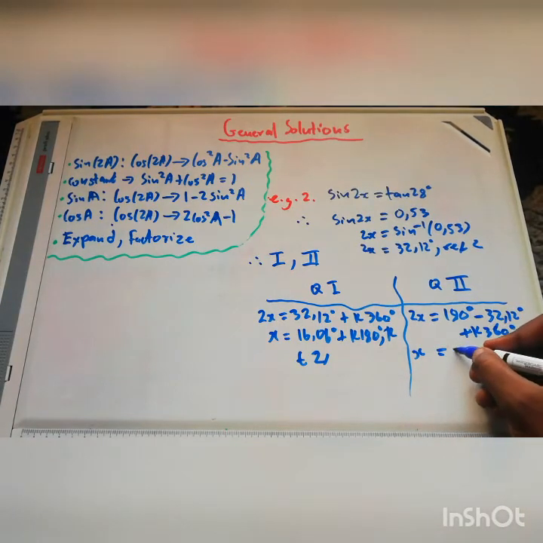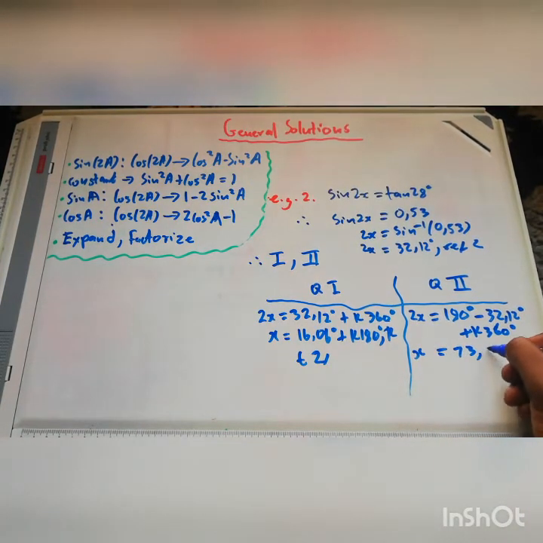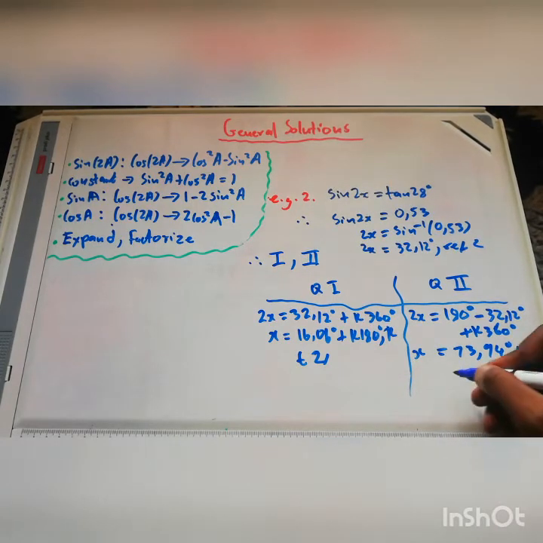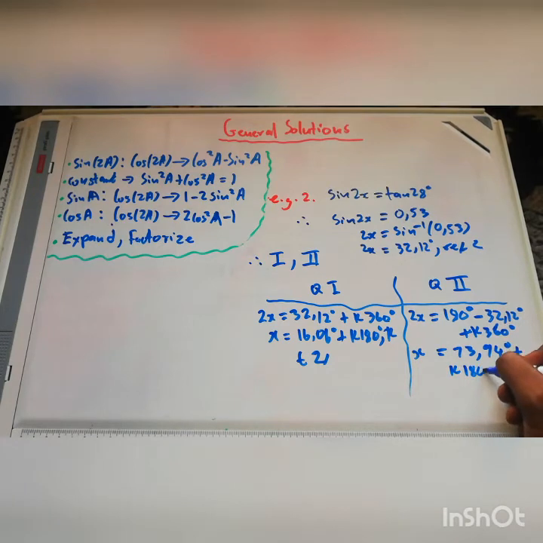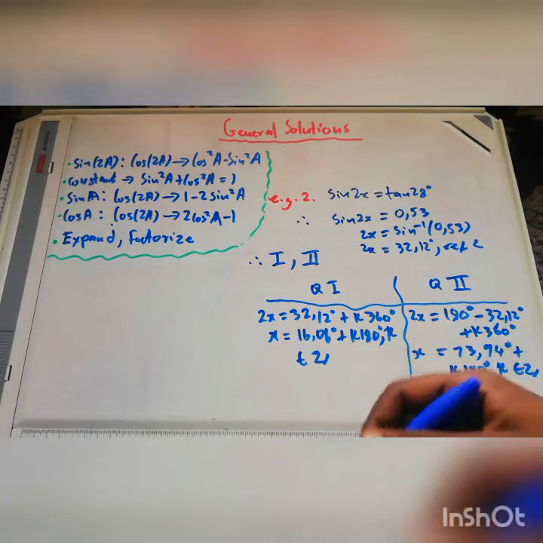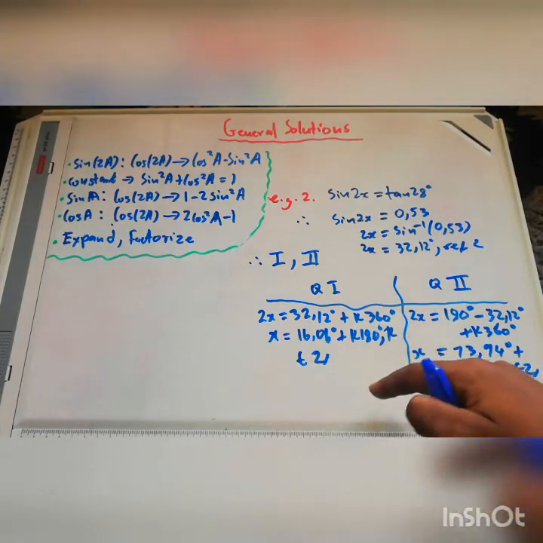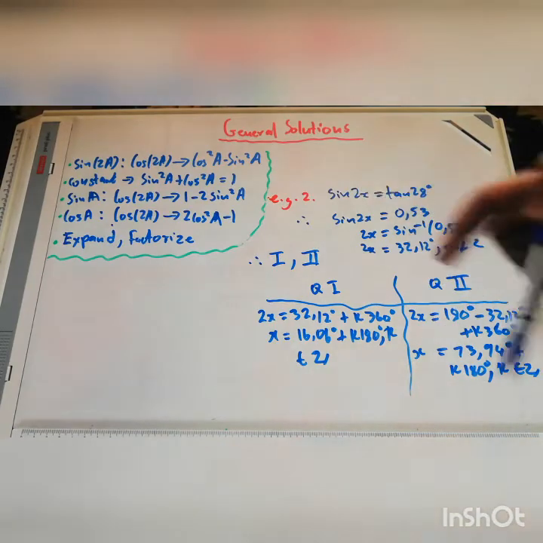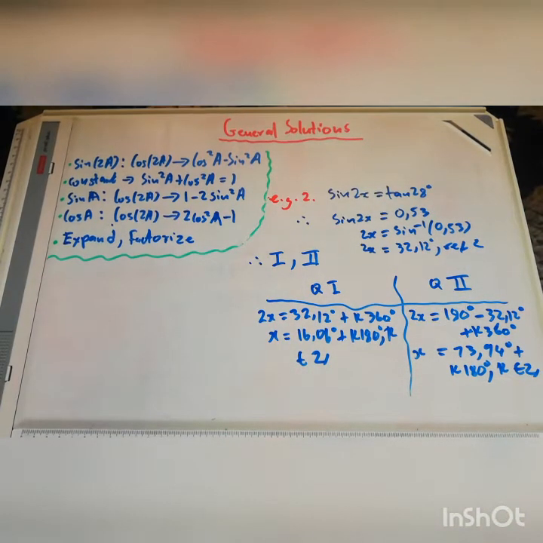Your x will be 73.94 degrees plus k 180 degrees, with k being an element of an integer. And then you now have your final two answers, and you've solved this given the general solution.